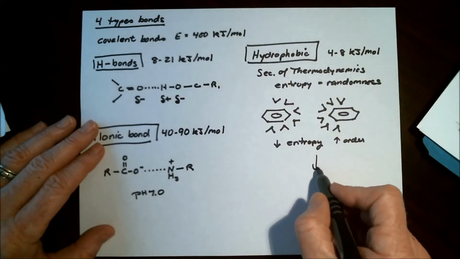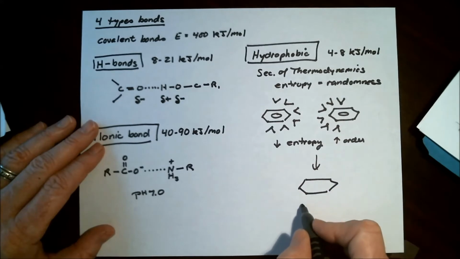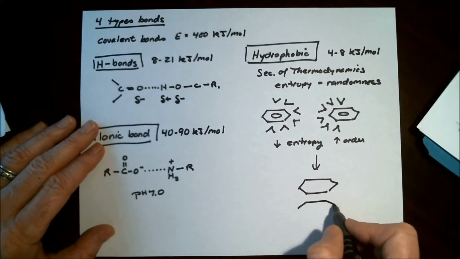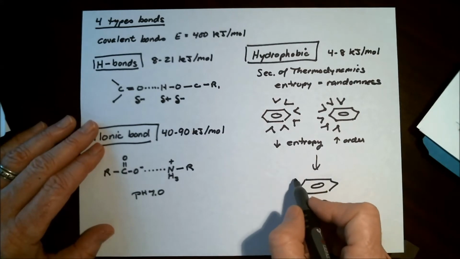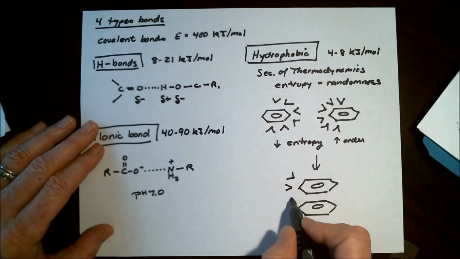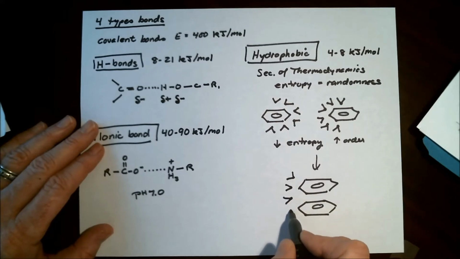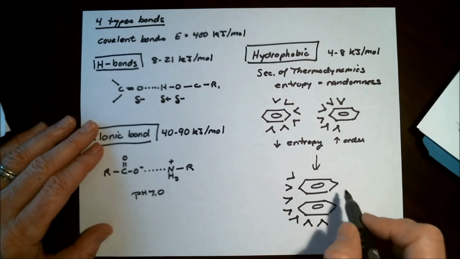Now let's take this and put these two hydrophobic groups together. Now what we've essentially done is we still have the ordered water around these two structures, because the water, again, even if they're associated, the water cannot interact with them.